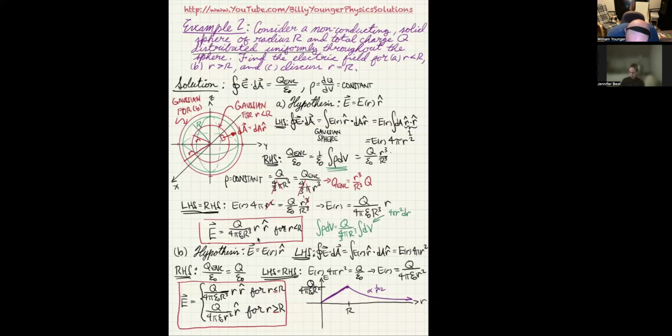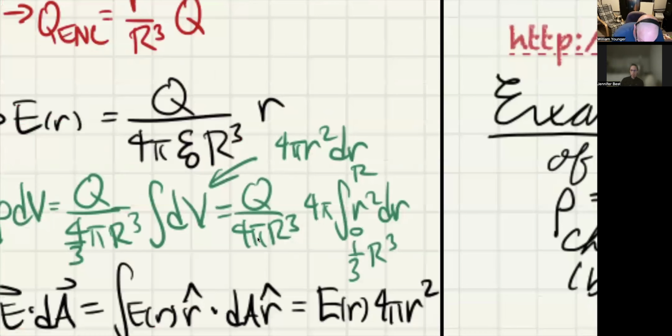So when you did this, what you'd end up getting is Q over 4/3 pi R cubed times 4 pi integral r squared dr. And that, of course, is 1/3 r cubed, because we're integrating from 0 to... actually I'm supposed to do it to little r.